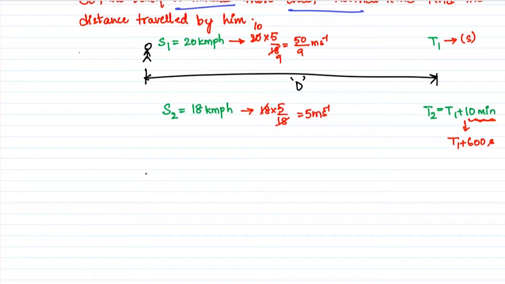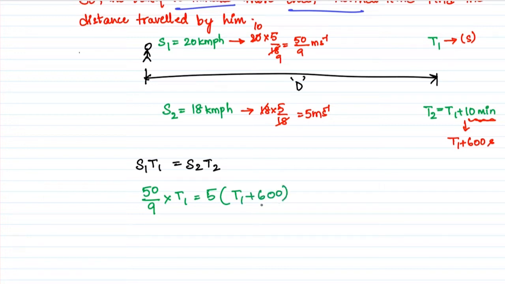Now, using the formula, that is S1 T1 is equal to S2 T2. All right. So now S1 is nothing but 50 by 9 into T1 is equal to 5 into T1 plus 600. Now, if we solve it, this will become 50 T1 by 9 minus 5 T1 is equal to 5 into 600.